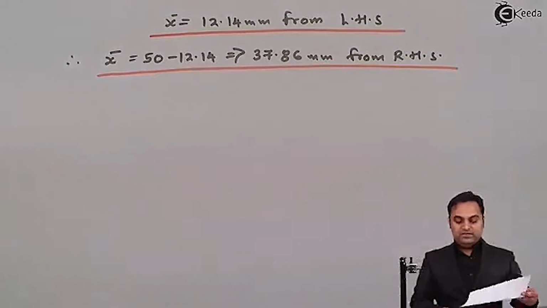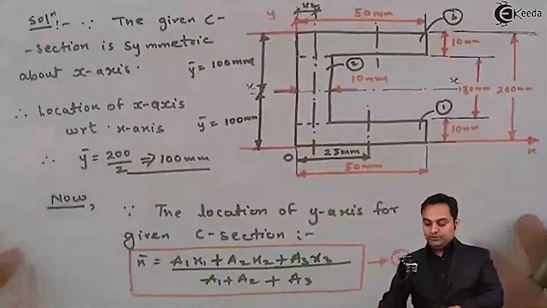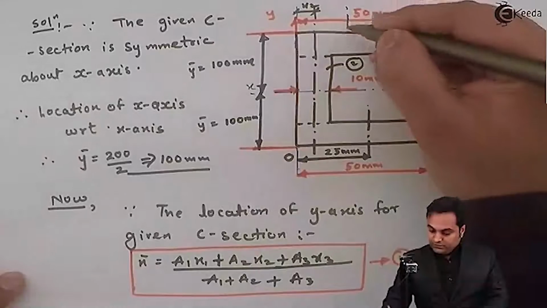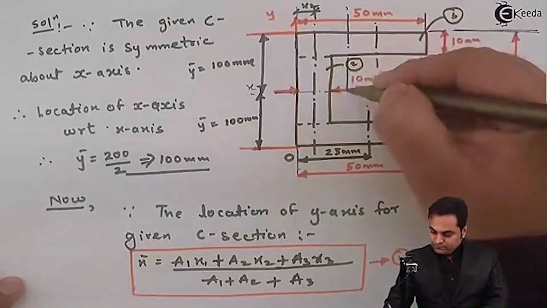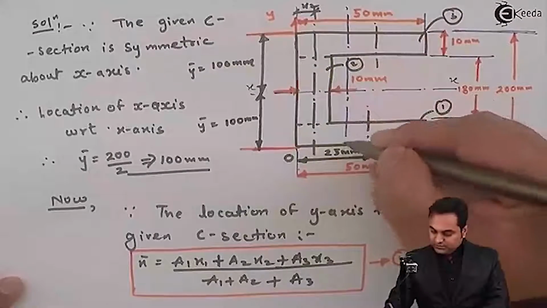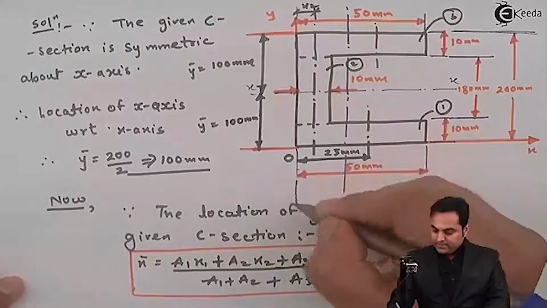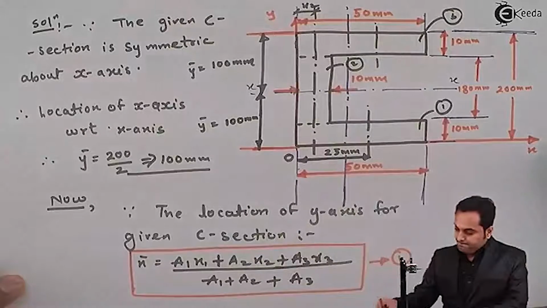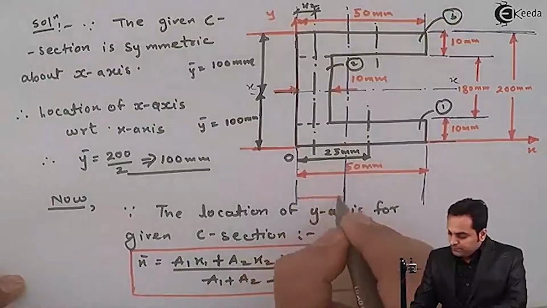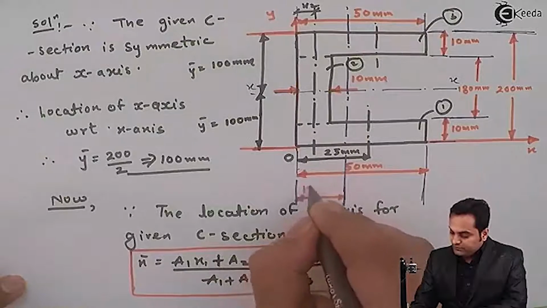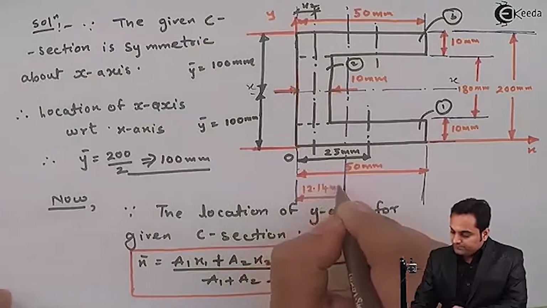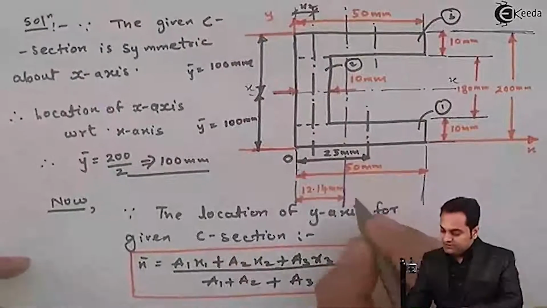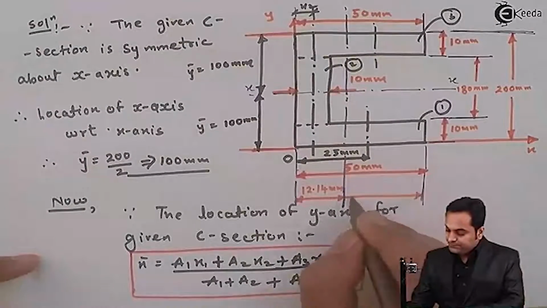Now once I have got these values, I can locate it onto the C section. Here this y-axis is located at a distance of x bar from the left hand side. This is 12.14 mm as we have found out, and from the right hand side 37.86 mm.